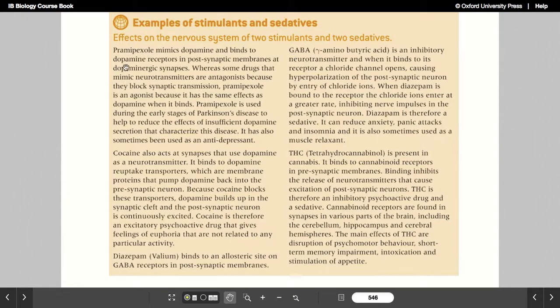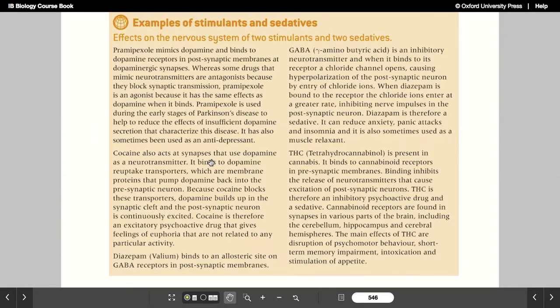Then they're talking about pramipexole, which I think is a drug used for Parkinson's disease, and it probably increases how much dopamine is in the postsynaptic membranes. So it mimics dopamine, binds to dopamine receptors, because when you have Parkinson's, you don't make enough dopamine, which causes some of the muscle issues we see, like the tremors.